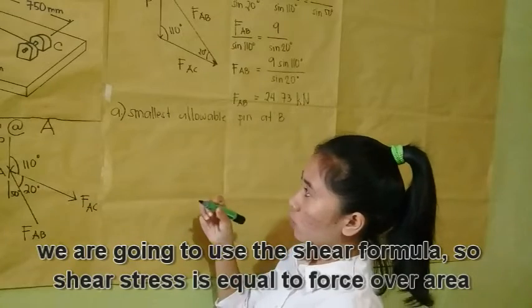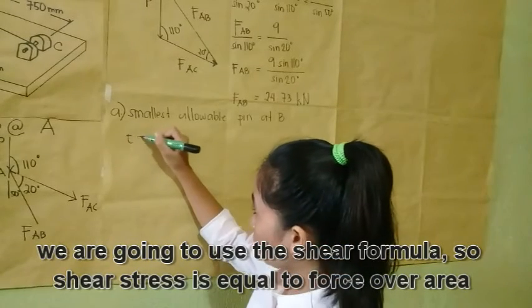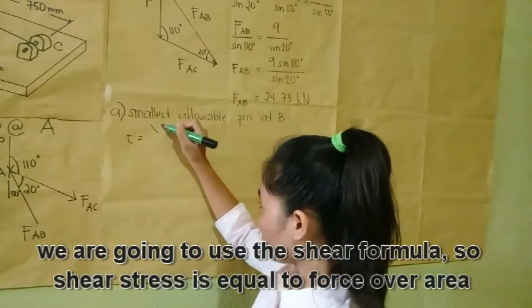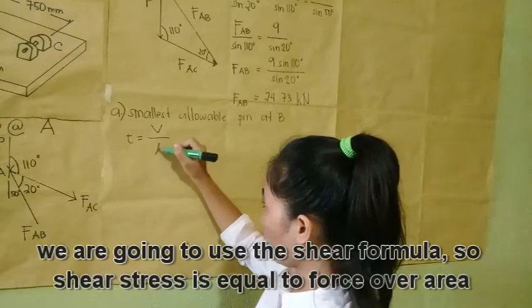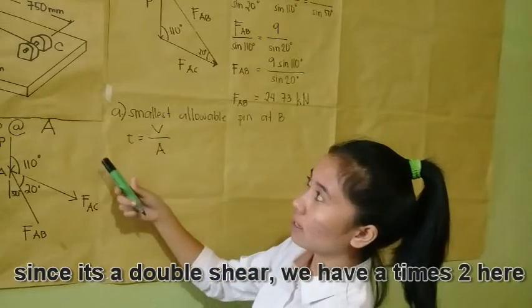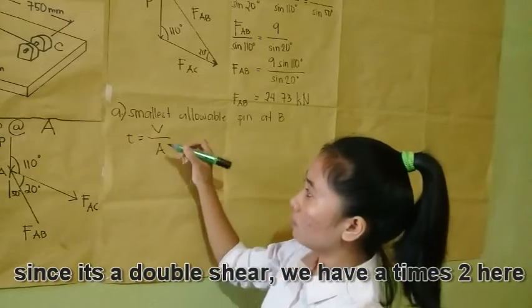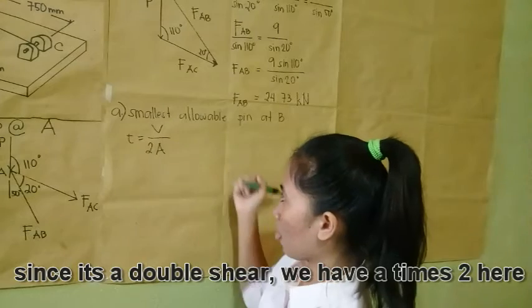We're going to use the shear formula. So shear stress is equal to force over area. And since it is a double shear, we have a 2 here.